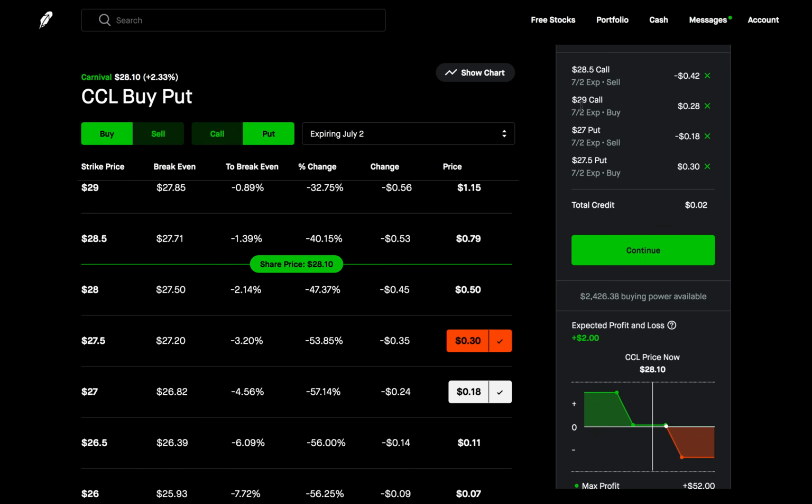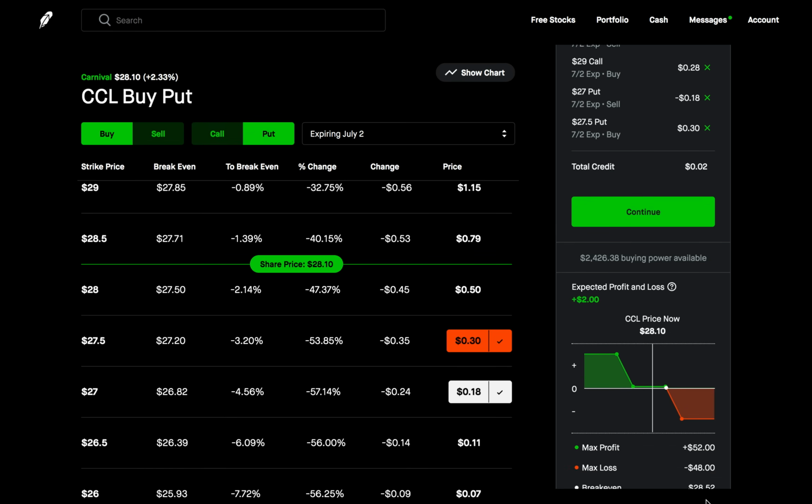You subtract the low call strike, which is 28.50. So 29 minus 28.50 is 0.5, multiply that by 100, you get 50. And then depending on whether you're paying a debit or receiving a credit, you would add the premium paid, or since we're receiving a credit here, we would subtract the credit received. So 50 minus 2 is 48. And that is our max loss.